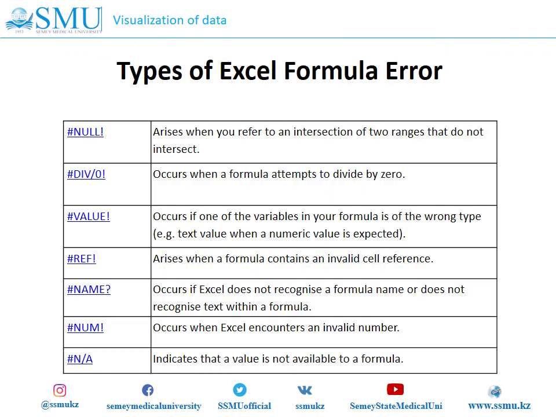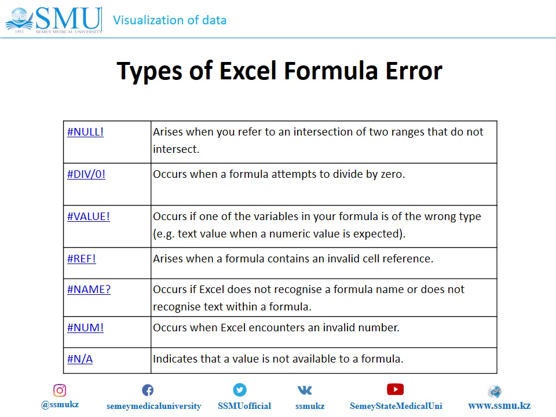Also, together with formulas, there are a lot of errors that could occur during the work with Excel. Here on the picture you can see some of them. Null is one of the errors, which arises when you refer to an intersection of two ranges that do not intersect.